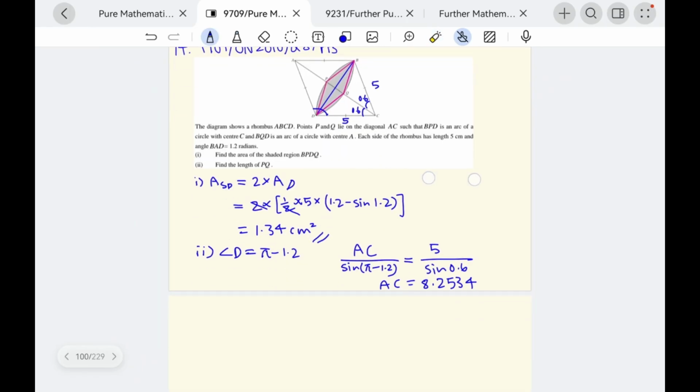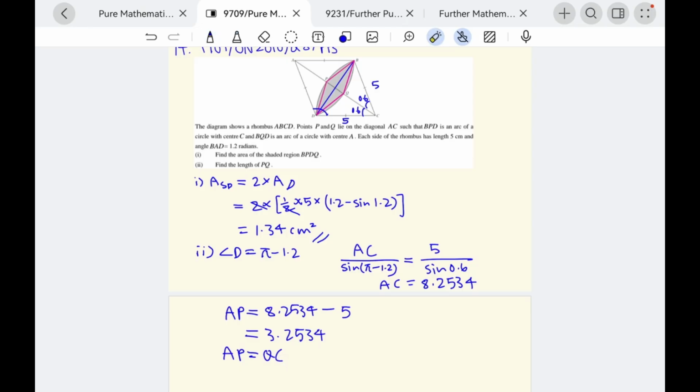So to get AP, it is 8.2534 minus the radius, which is 5. So how much will you get? 3.2534. So here is the AP, and recall that AP equals QC because of their respective identical segments.